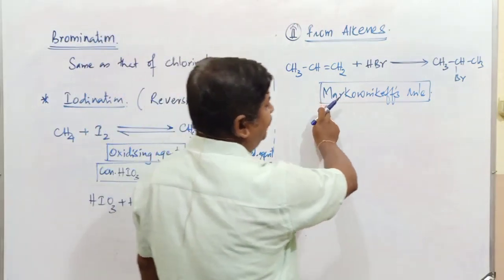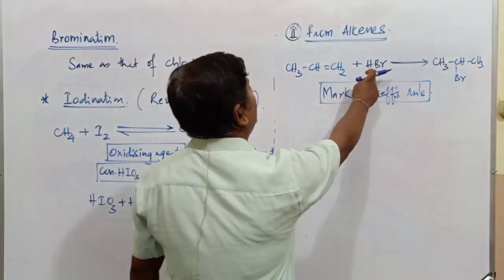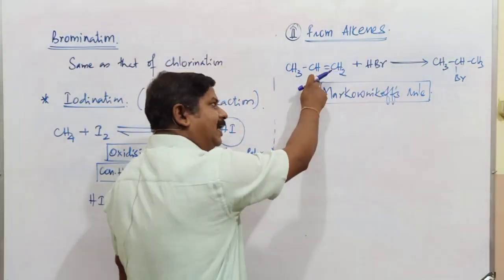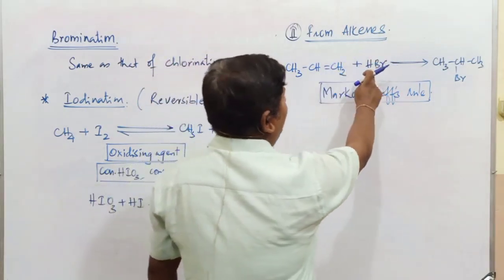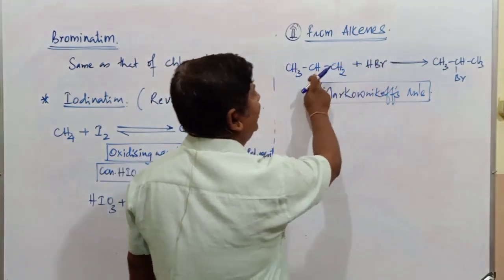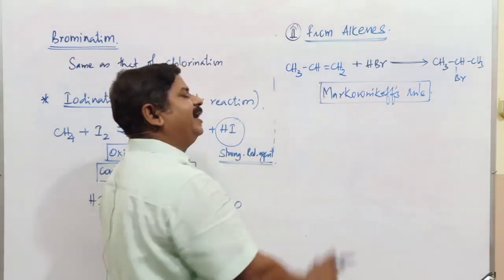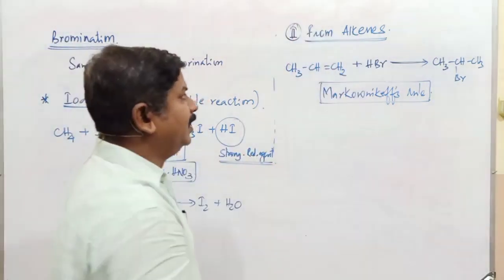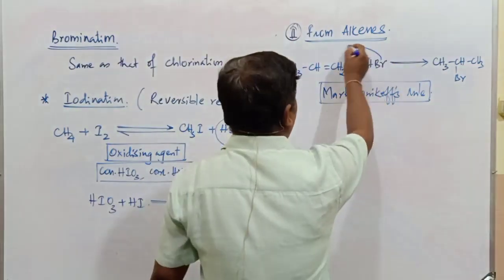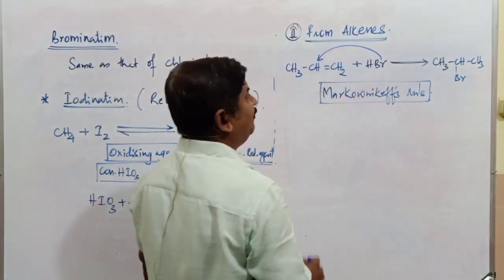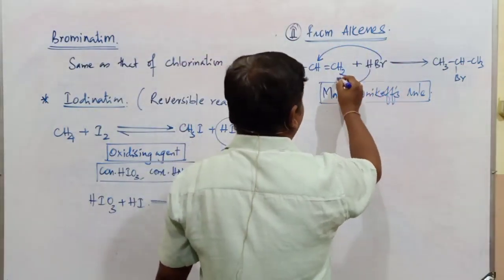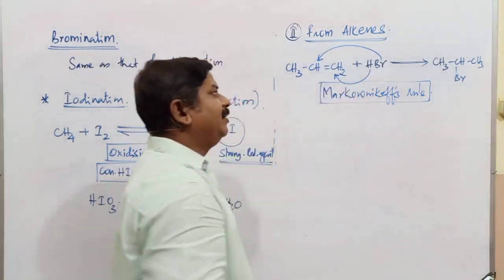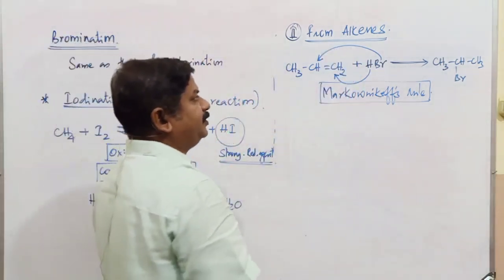Markovnikov's rule states that when an unsymmetrical molecule is added to an unsymmetrical alkene, the negative part of the adding molecule adds to the carbon atom having fewer hydrogen atoms among those forming the double bond. The negative part is added to the carbon atom having fewer hydrogen atoms, and naturally the positive part is added to the carbon atom having more hydrogen atoms.